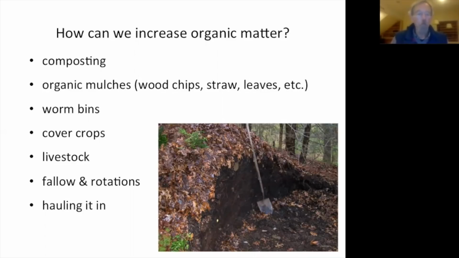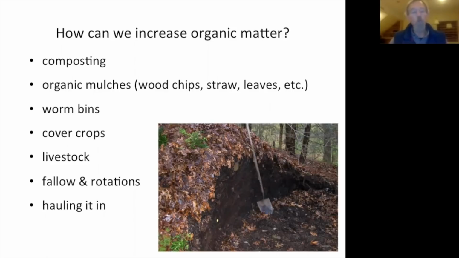and also just by letting your soil go fallow, by letting it rest, or by doing crop rotations, growing a food crop one year and then a cover crop the next year. That's another way of getting produce out of your soil one year and then letting it rest and build organic matter.